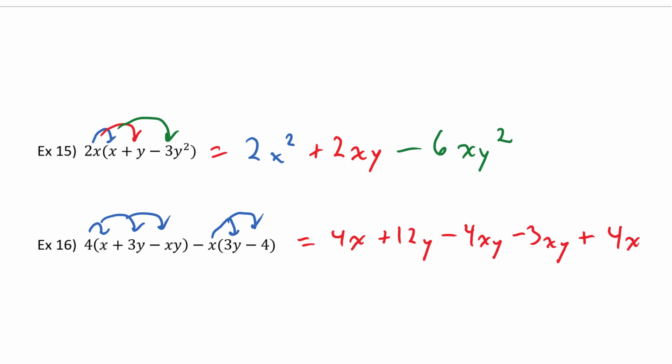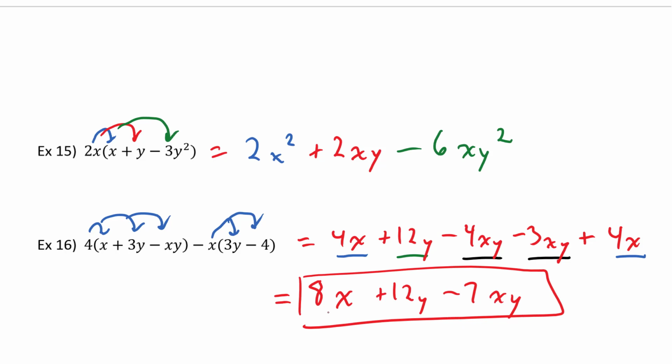So now I've got rid of the brackets. Let's see if we can collect like terms. Here I have a 4x, and I have a 4x. Here I have a y, and that's the only y I have. And here I have an xy and an xy. So I can collect some of those terms together, the like terms. 4 plus 4 is 8, giving me 8x. We have plus 12y. Minus 4 minus 3 is minus 7xy.